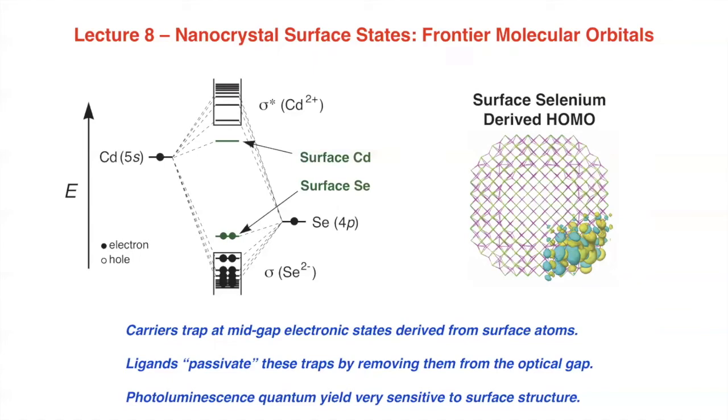And so the molecular orbitals that you get when you make combinations of those surface atoms with the underlying lattice don't have the same orbital interaction strength, and they are not spread out in energy as much. Okay, and so surface atoms in these kinds of materials tend to have smaller splittings, and they can fall outside of the conduction and valence band and form surface electronic states.